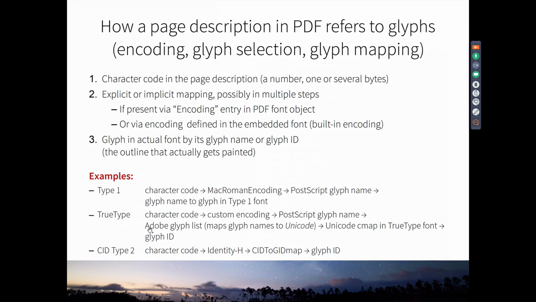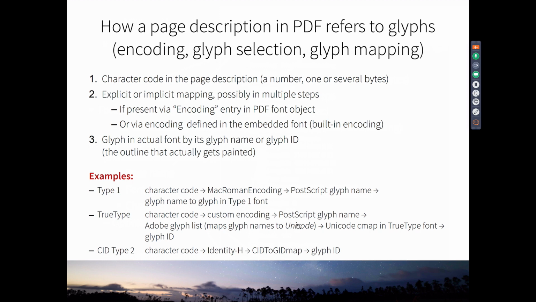Then we could use the Adobe glyph list, which is a standard, and it maps glyph names to Unicode code points. That list is implemented inside of every PDF processor. It's not part of the PDF file itself. The PDF processor just knows it.